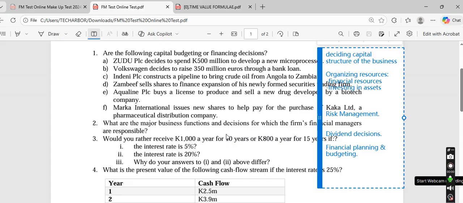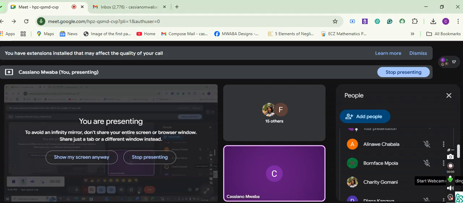Okay, in the report, you evaluate that. So that's correct, madam. Preparing financial reports. You go through the financial statements, the income statement, the balance sheet, and also the cash flow statement.